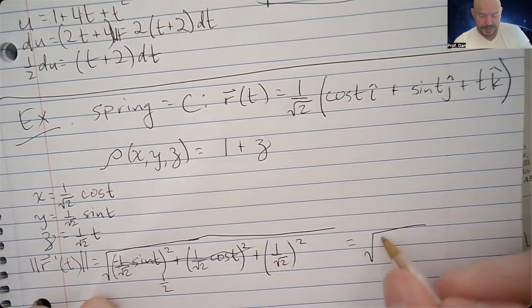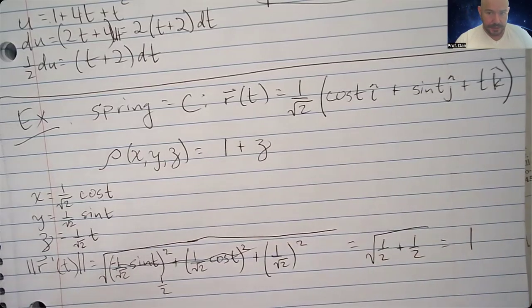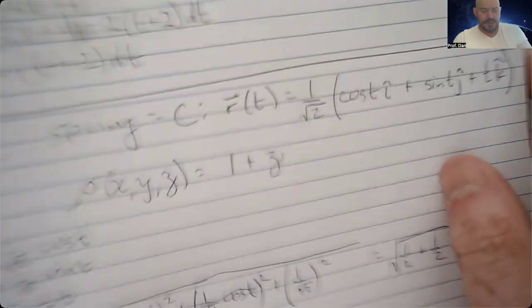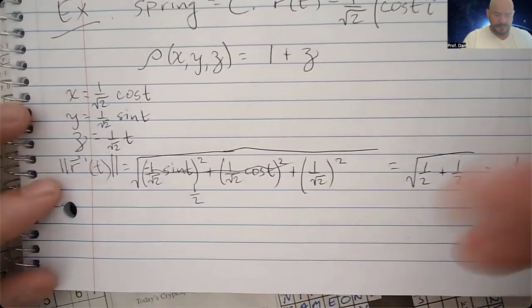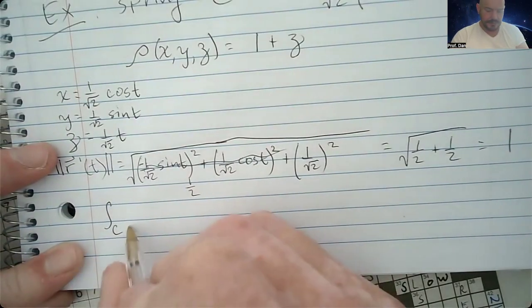So this is the square root of 1/2 plus 1/2, in other words, 1, which is super convenient because then it tells me that ds is literally just dt. Pretty fun.